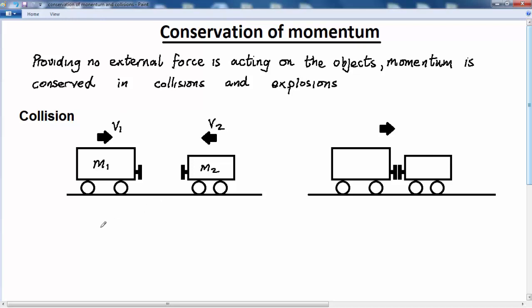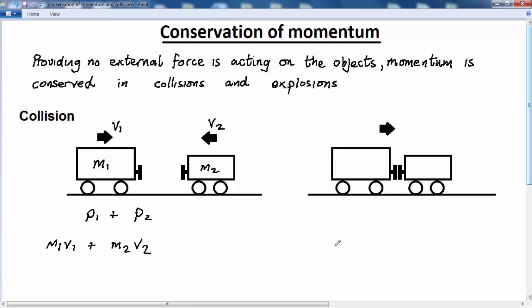What we can say first of all is the momentum of this situation is equal to p1, that's for carriage 1, plus p2, that's for carriage 2, which is equal to m1 v1 plus m2 v2. And the law states that the momentum before the collision is equal to the momentum after the collision.